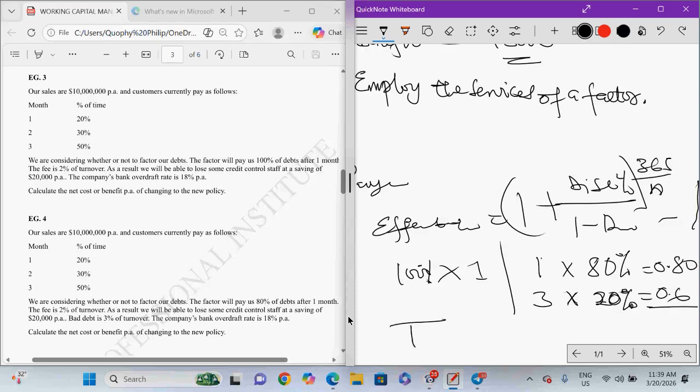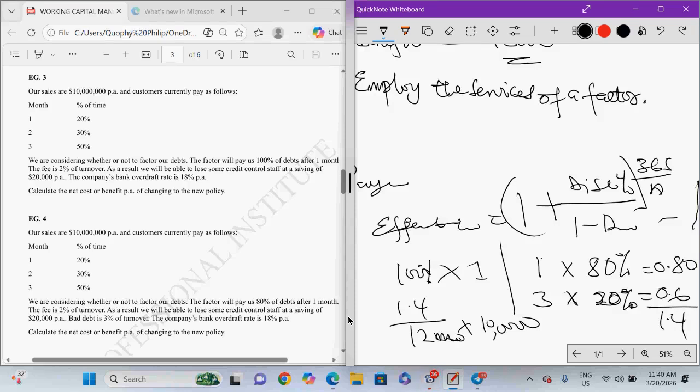Then that will be whatever you have over the 12 months times the sales, 10,000, right? What do you have here? So that's 1.4. So 1.4 over this will give you that, right?